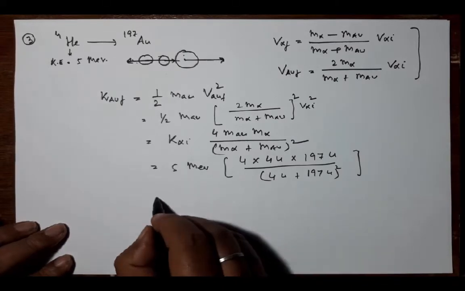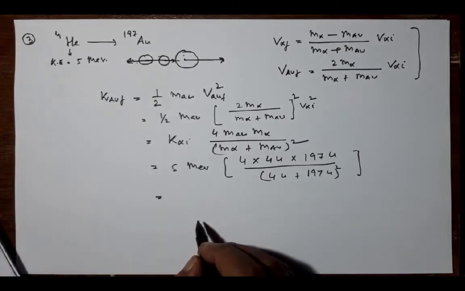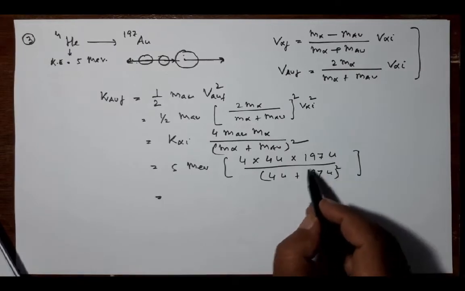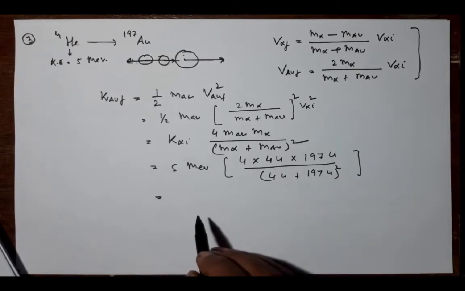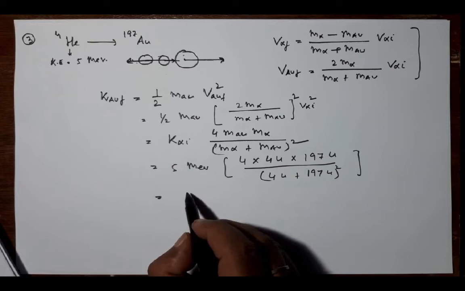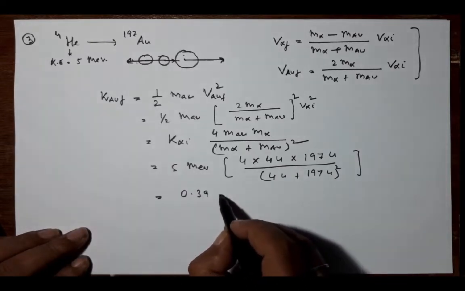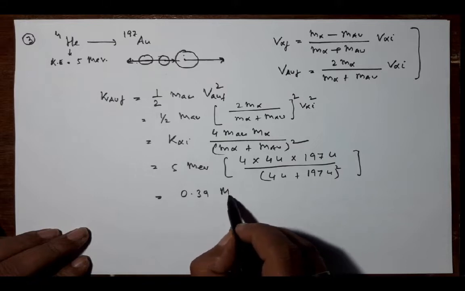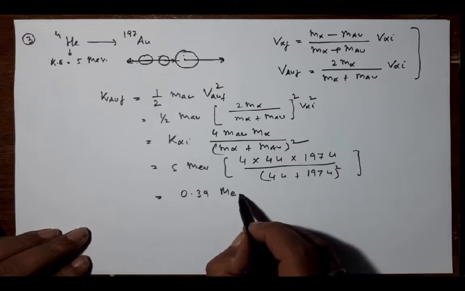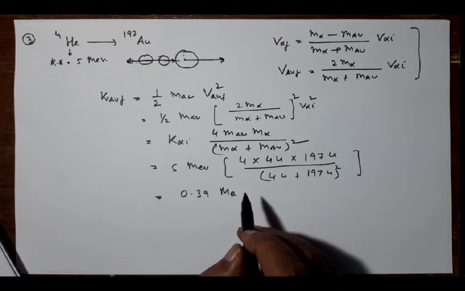When you solve this, because U will cut down, the units will not matter, and this will be nothing but 0.39 MeV.